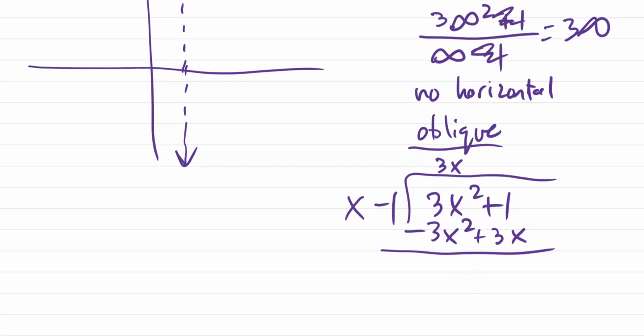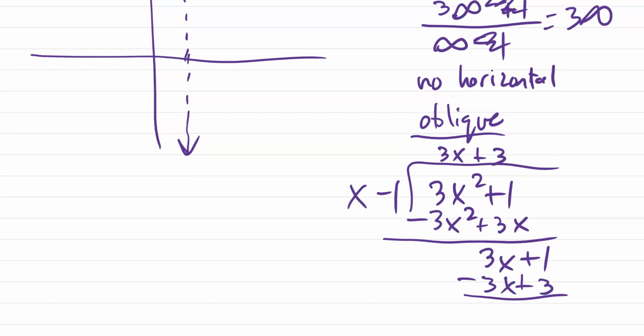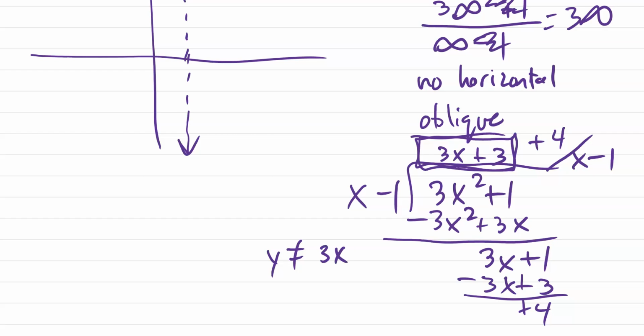Leaves us with, I'm not going to fall for this again, about 3x plus 1. 3x divided by x is plus 3. 3x minus 3, change, gives us plus 4. So that's our remainder. So what is the oblique? This right here. Our oblique, y will not equal 3x plus 3.